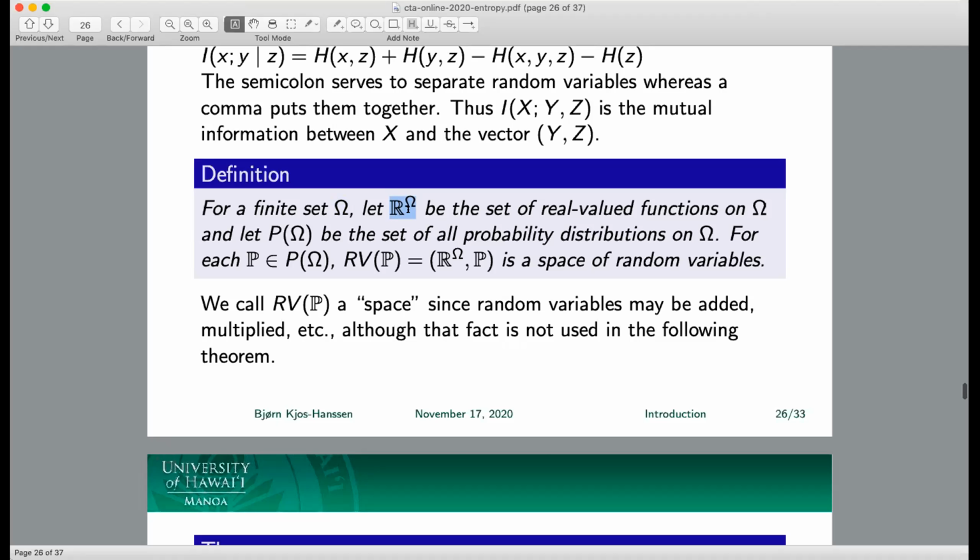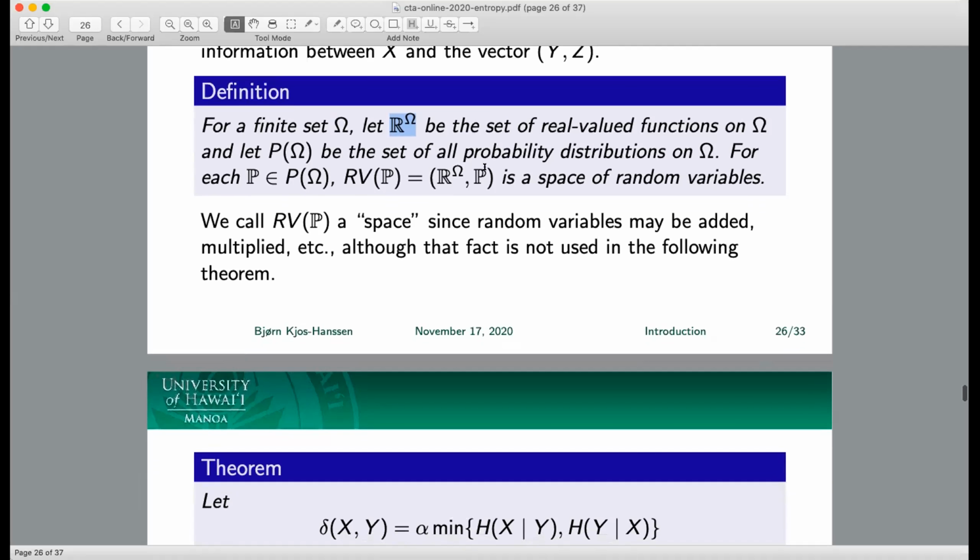But on the other hand, we can also look at all the probability distributions on this finite set omega. Now this can interact. For example, for each probability distribution, all these functions are now random variables, and they are jointly distributed. If I pick a point in capital omega, I get a value for all these random variables. You could call it a space, since you could in principle do arithmetic operations on these random variables, but that's not the point.